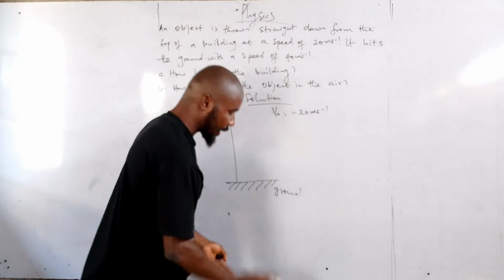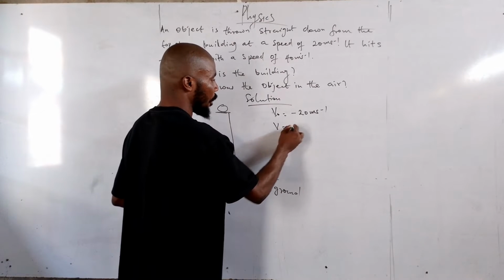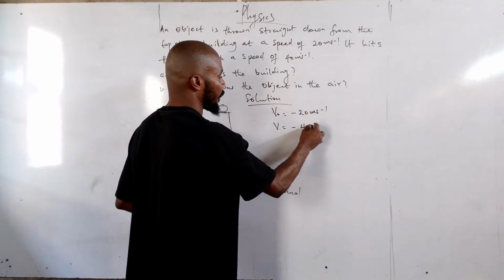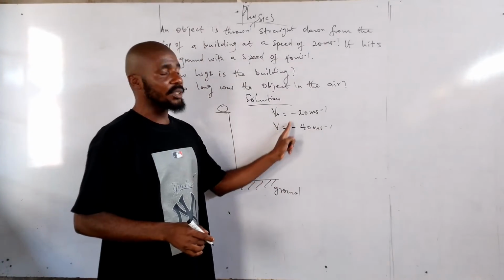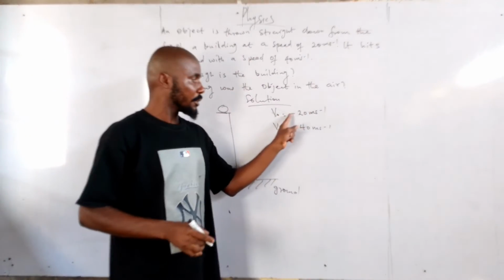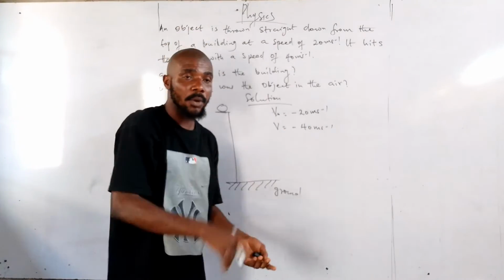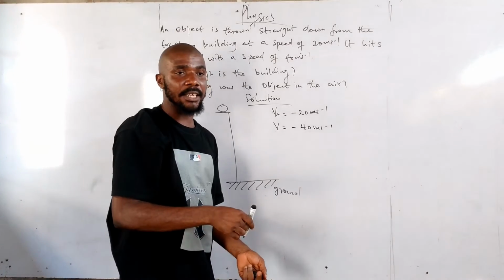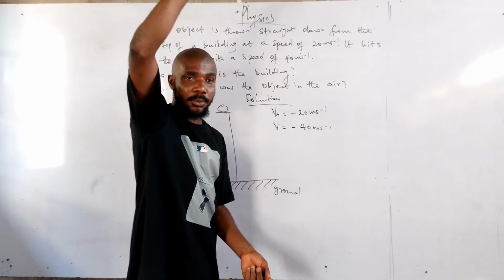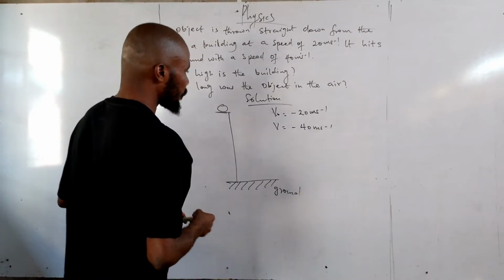Okay, upon hitting the ground, it has a final speed v of minus 40 meters per second. Remember, this minus is coming in to tell us the direction of the speed. Here, the initial speed given is downwards. That's why it has this minus sign. If you're going downwards, it's negative. If you're going upwards, it's positive.